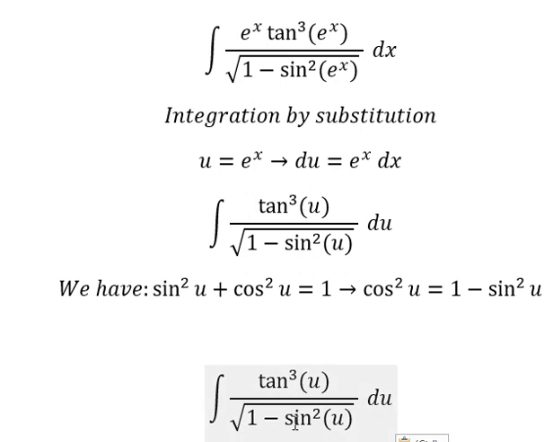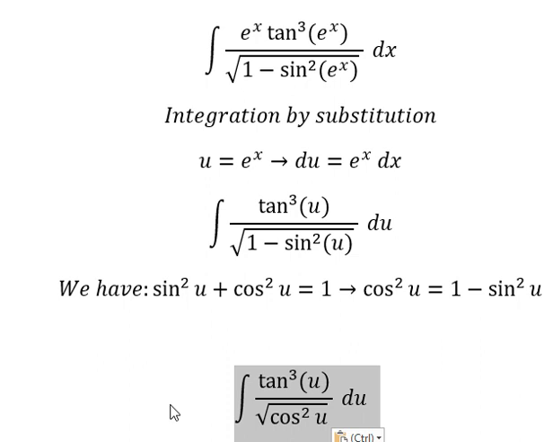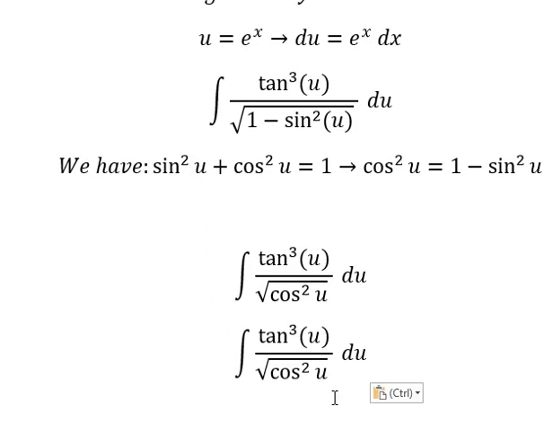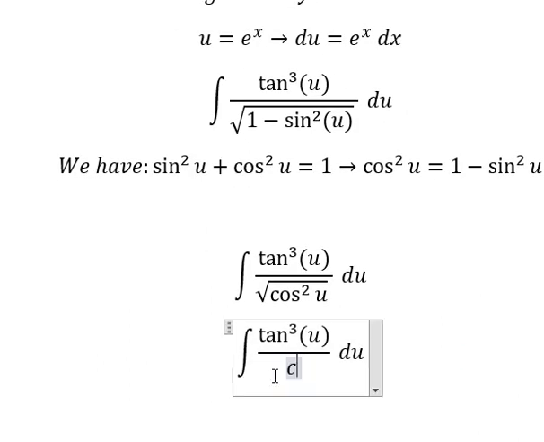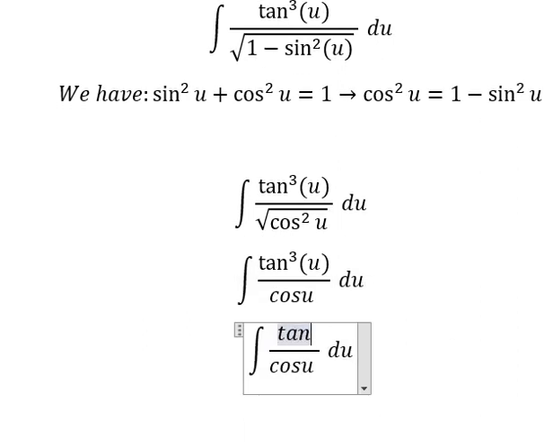Now we need to transform this one into this one. And now we have cosine u. Next, tan u, we can put this one tan u and tan u to the power of 2.